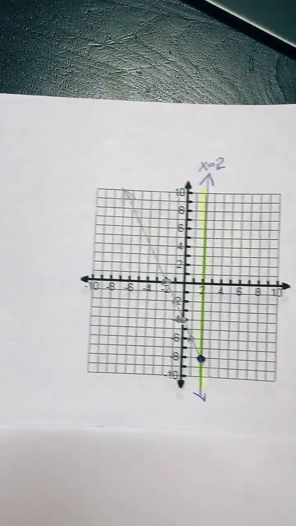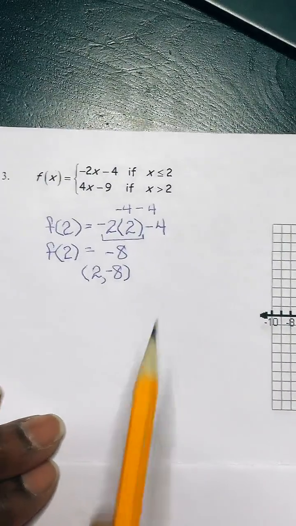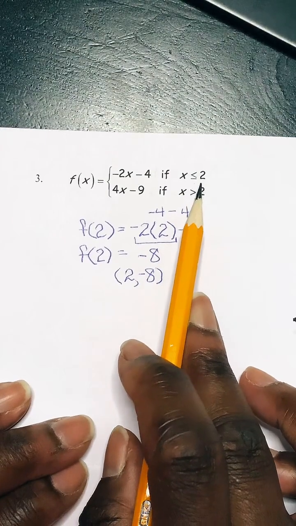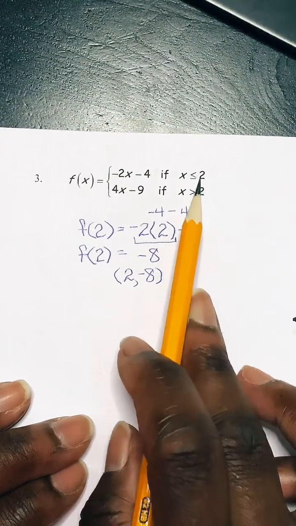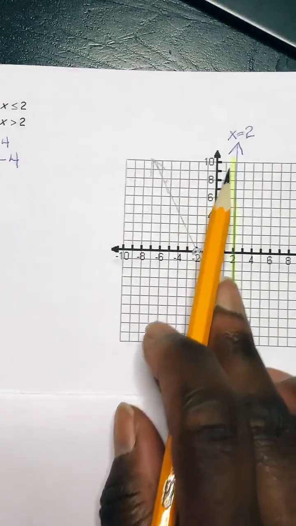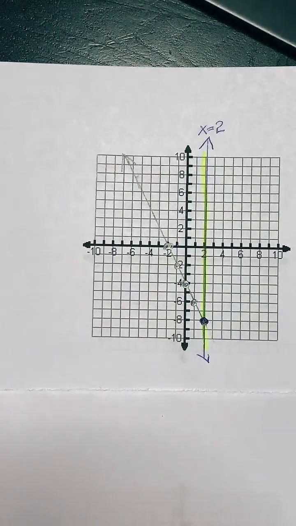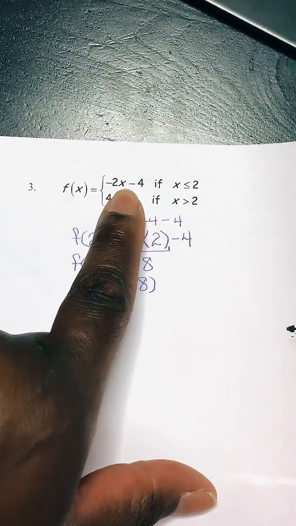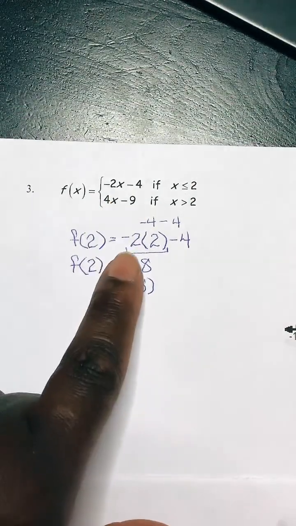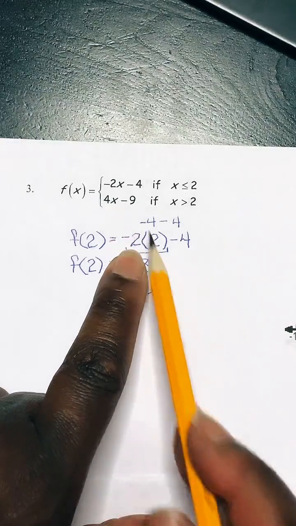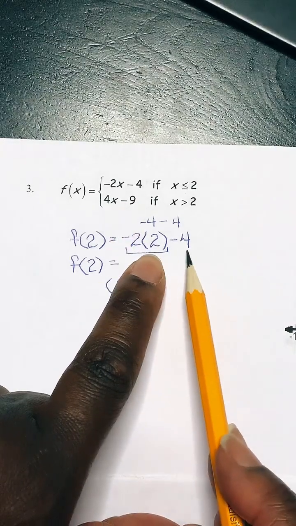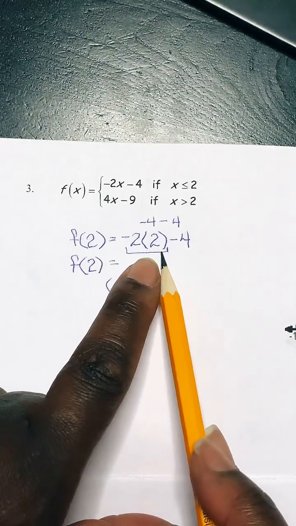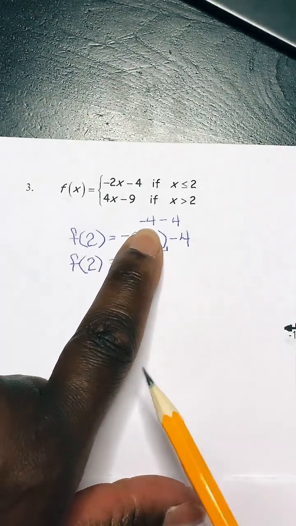So what we did was we got the 2 from the boundary line. The 2 was my boundary line. So we took this 2 and plugged it into our expression. That's where the -2 times 2 minus 4 came from. Then we did -2 times 2, which gives us -4.